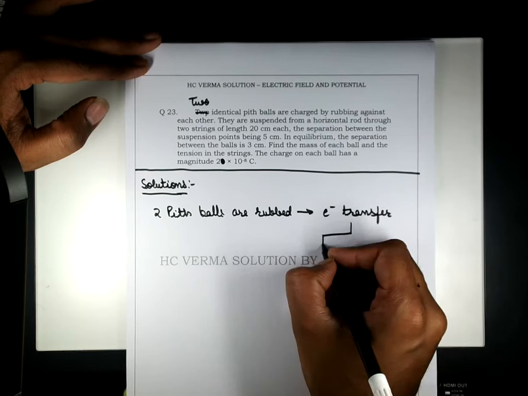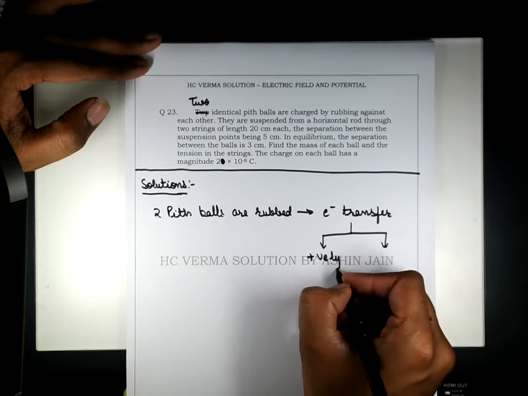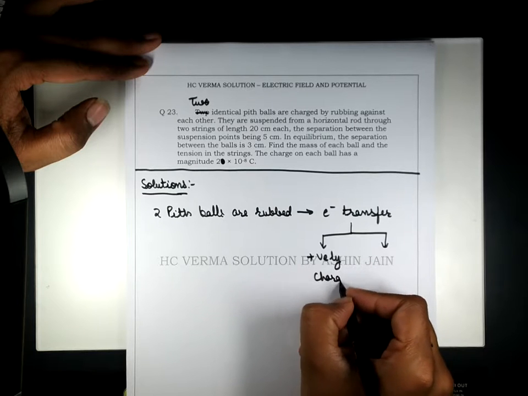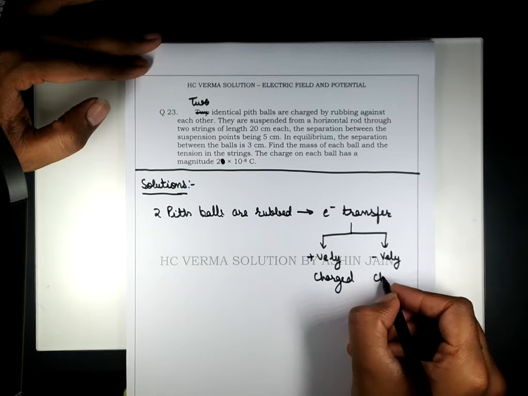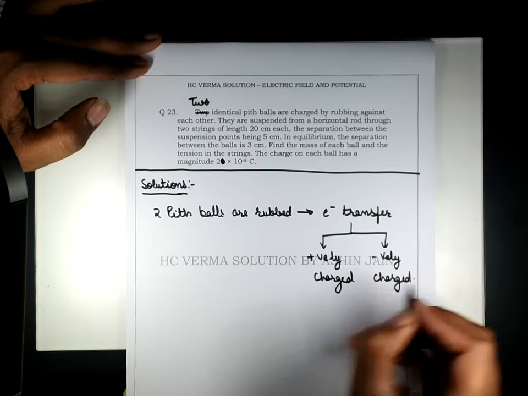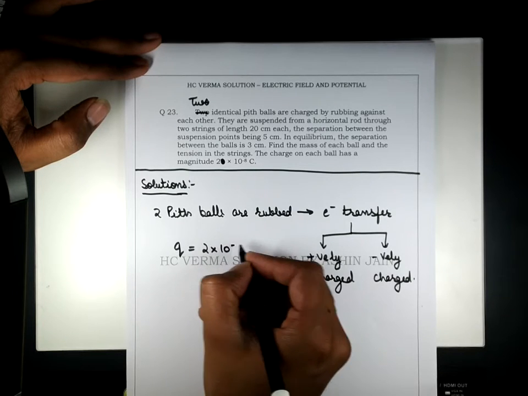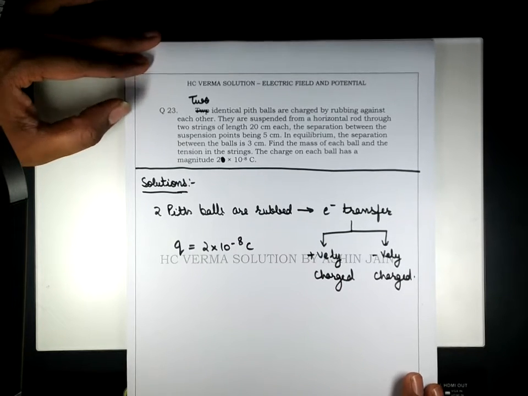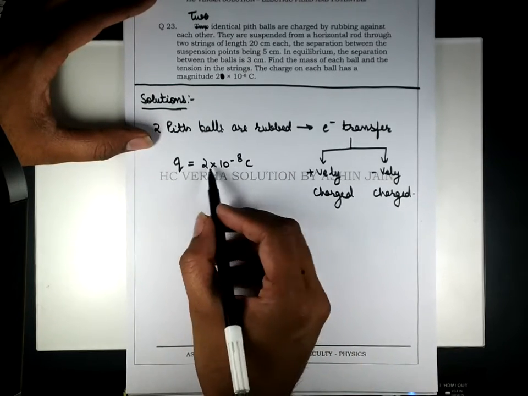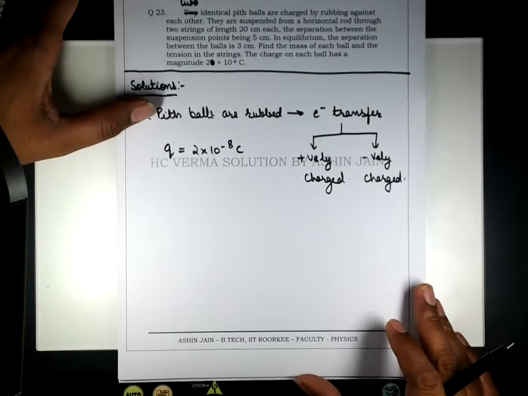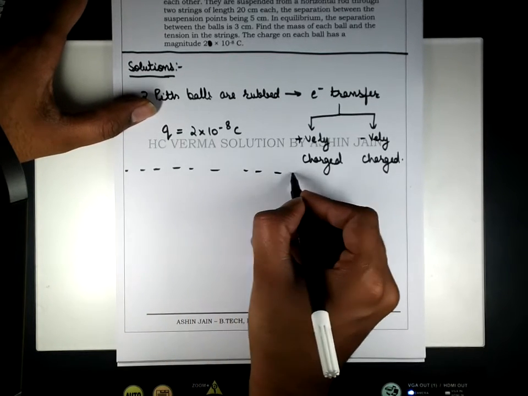If electron transfer takes place, one would be a positively charged body and one would be negatively charged, such that the charge on both the balls can be written as 2 into 10 to the power minus 8 coulombs. One is plus 2 into 10 to the power minus 8 and the other one is minus 2 into 10 to the power minus 8. Hence the bodies come closer towards each other.